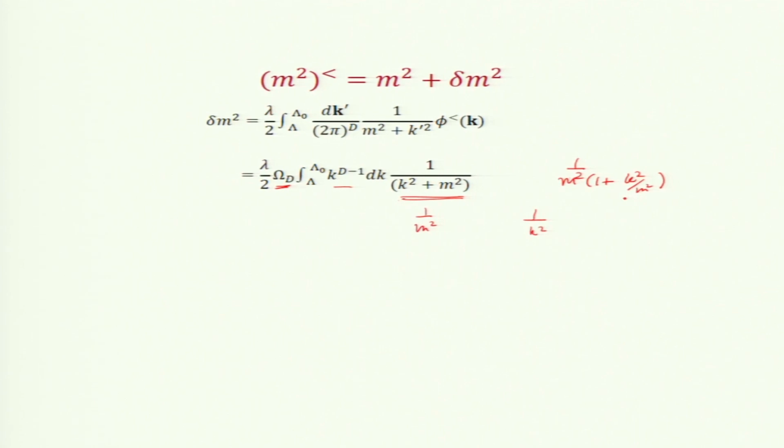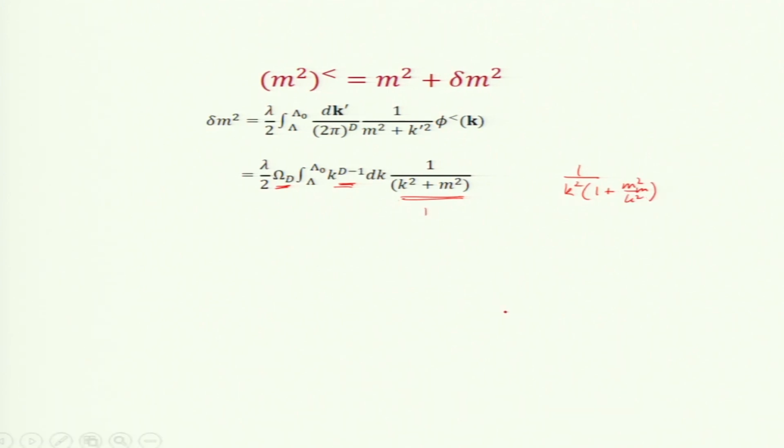So, this will have k to the d minus 1 dk, no sorry, the other way around, k squared is big. So, I should take k squared out. I take k squared as large. So, I want to do an expansion, then I need to write 1 over k squared times 1 plus m squared by k squared.